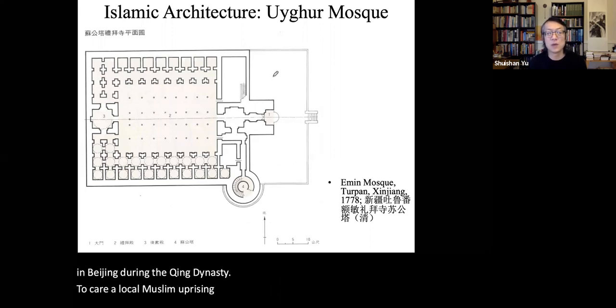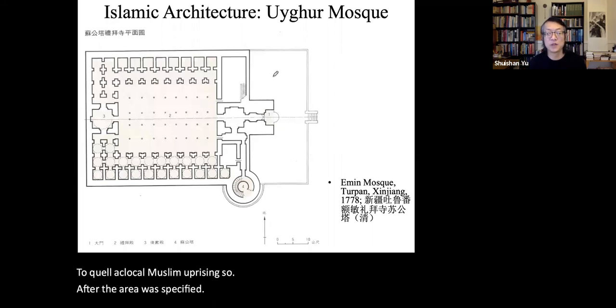So after the area was pacified, Emperor Qianlong of the 18th century honored Emin, the local Muslim leader, with a monument in the form of a mosque.